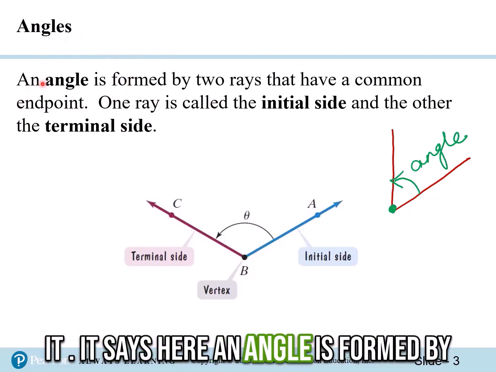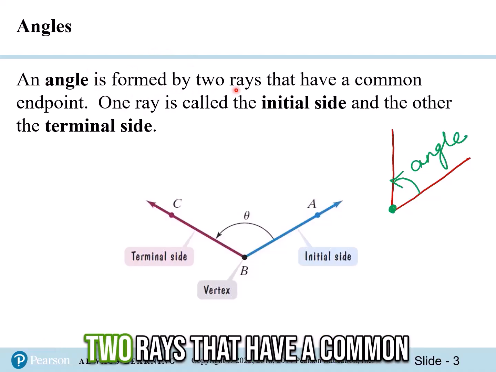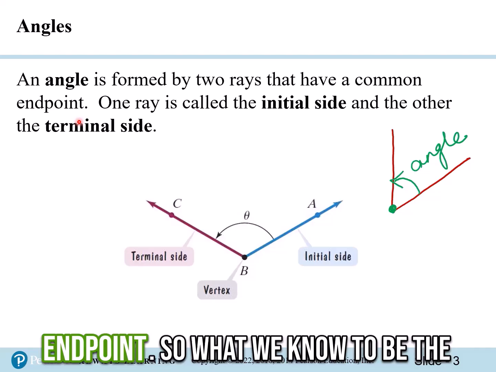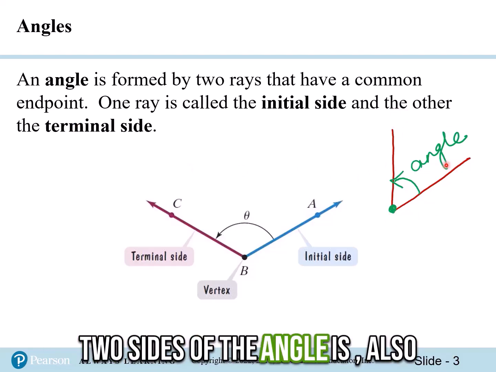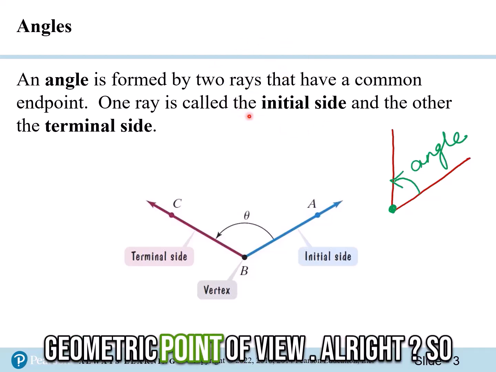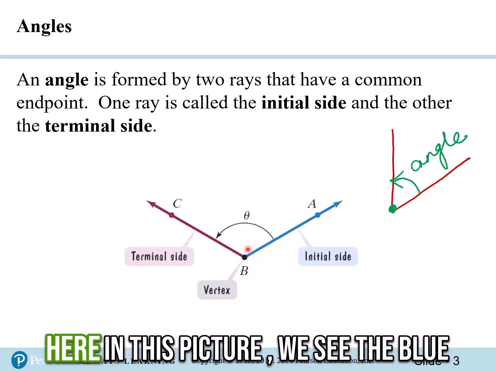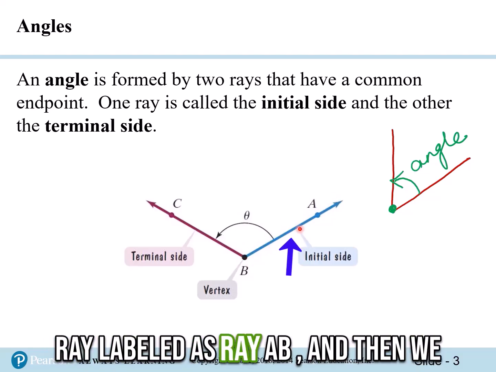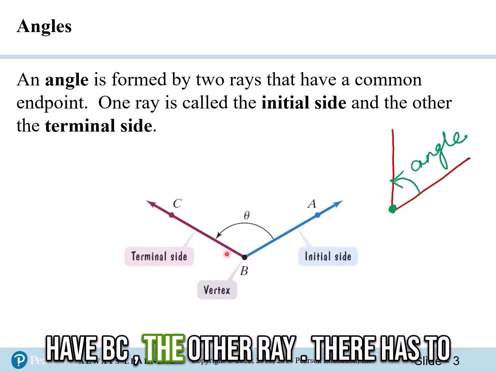It says here an angle is formed by two rays that have a common end point. So what we know to be the two sides of the angle is also known as the two rays from a geometric point of view. All right, so here in this picture we see the blue ray labeled as ray AB, and then we have ray BC, the other ray.